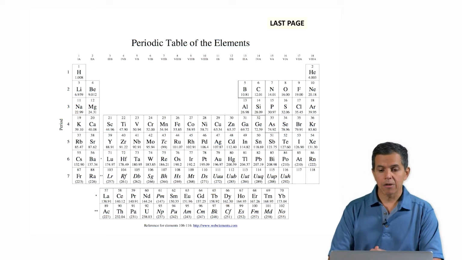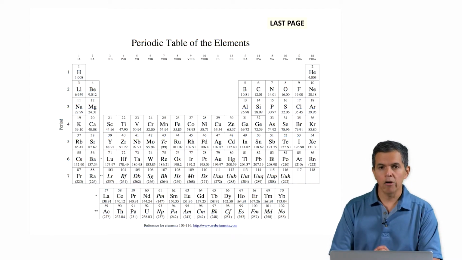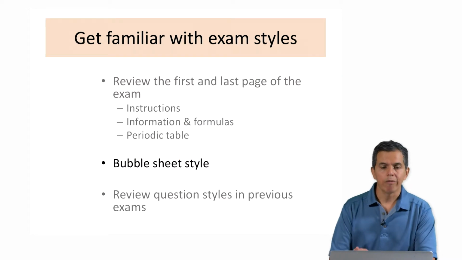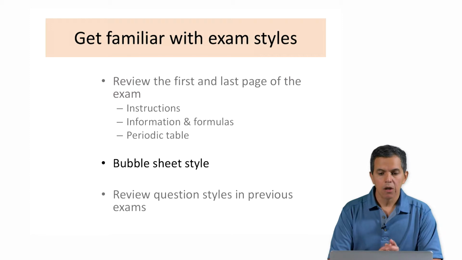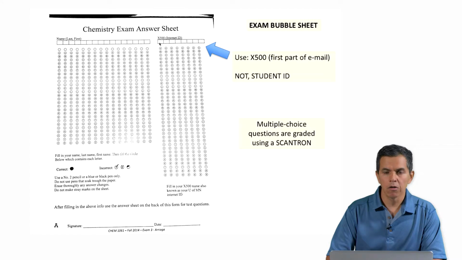The second part that can help you get familiar with exam styles is where you're going to be recording your answers. In this course, we record our answers in a bubble sheet. A bubble sheet consists of an introduction that has your last name, your first name, and then again your X500, which is different from your student ID.